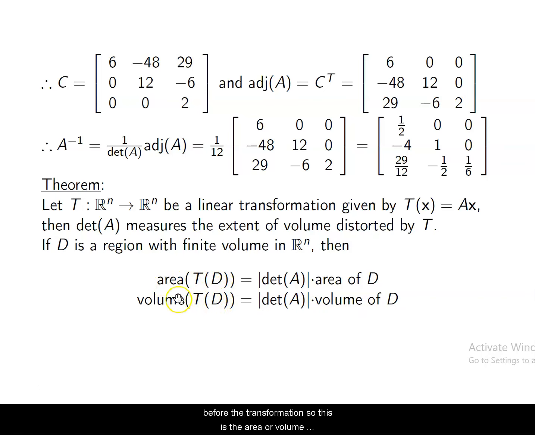So this is the area or volume after the transformation, and this is how we calculate it. Here the area of D or volume of D is before the transformation.